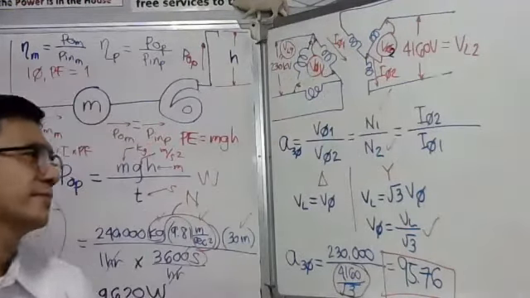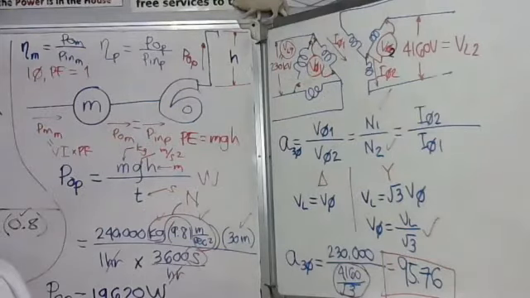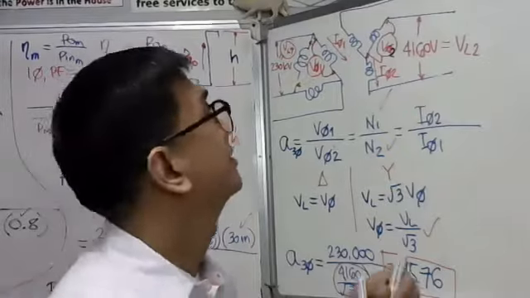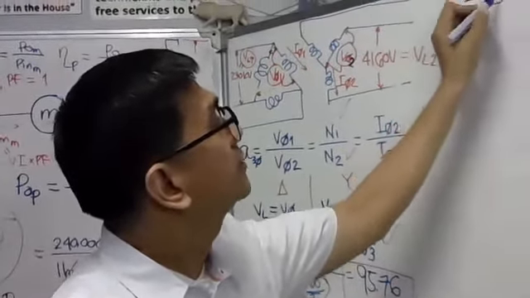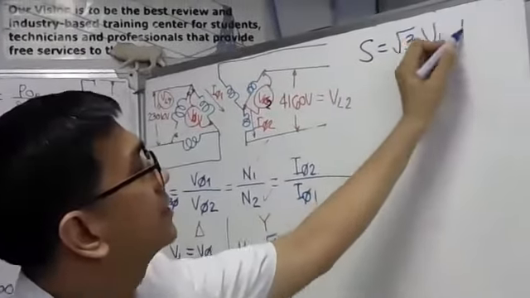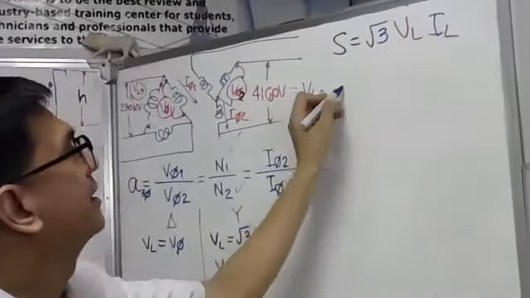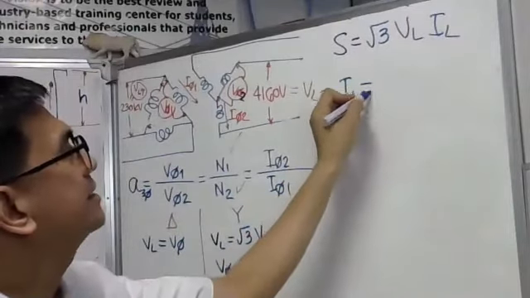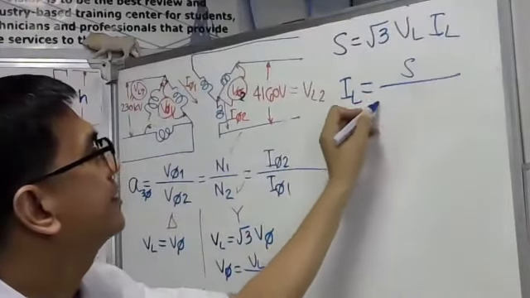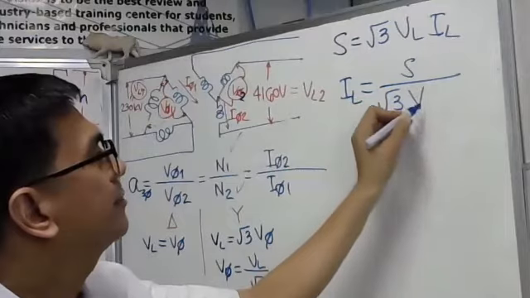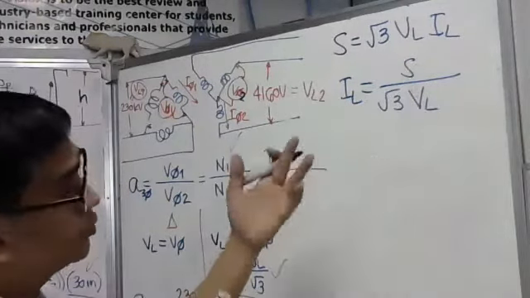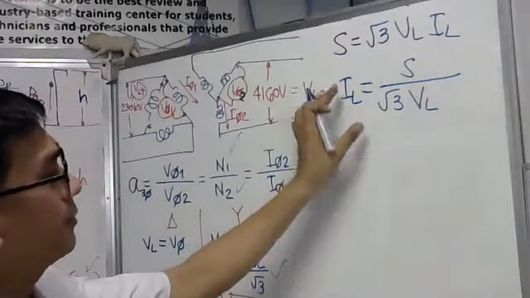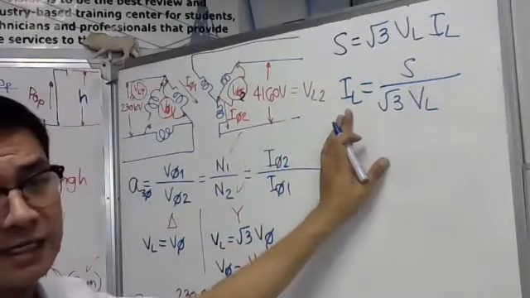Well, if you want to get our current, our S is equal to square root of 3 times line voltage times line current. Our line current is equal to S divided by square root of 3 multiplied by the line voltage. It's up to you whether you want to get the primary line current or the secondary line current.